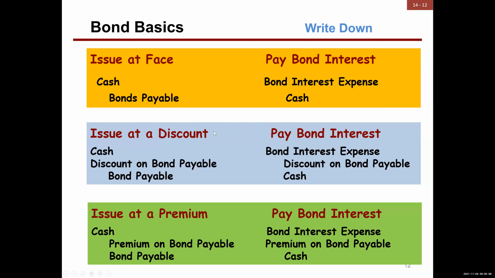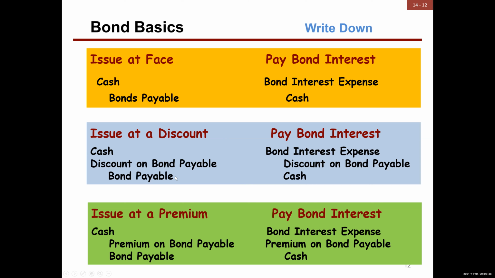So the investor will say, why should we buy your bond at 8% when we can go on the market for 10%? When that happens, we have to issue the bond at a discount. In our problems, they'll always tell you how much we're getting for it. The difference between how much we're receiving and how much we're going to owe at the end is going to be our discount on bond payable.